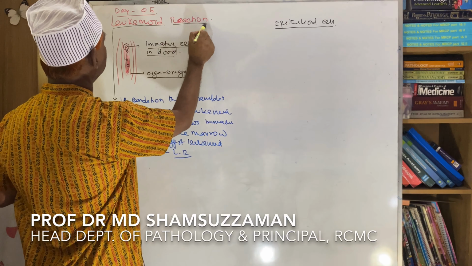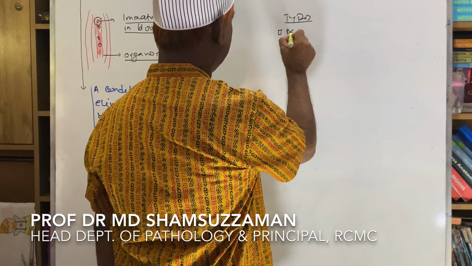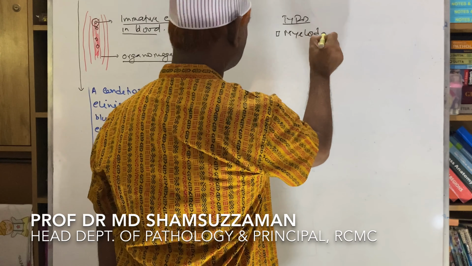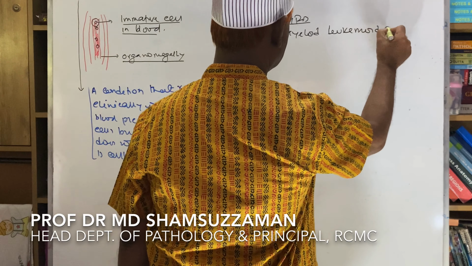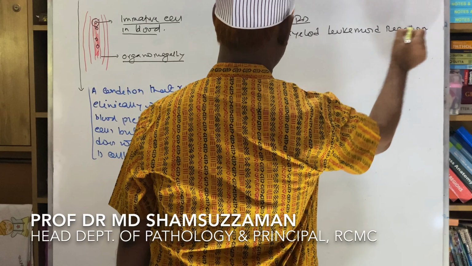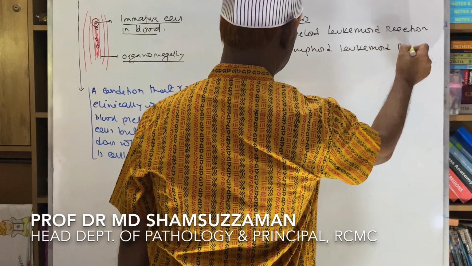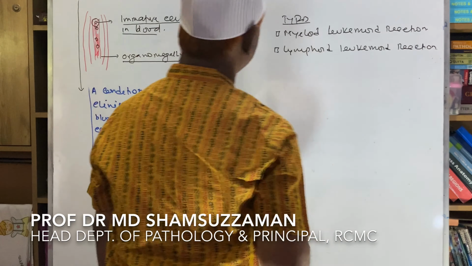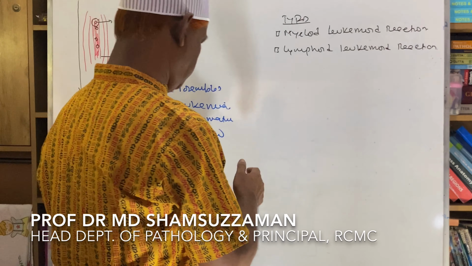Now come to types of Leukemoid reaction. One is myeloid Leukemoid reaction. Another is lymphoid Leukemoid reaction. First come to myeloid Leukemoid reaction.